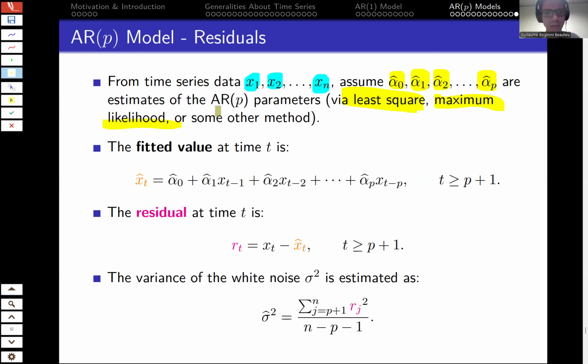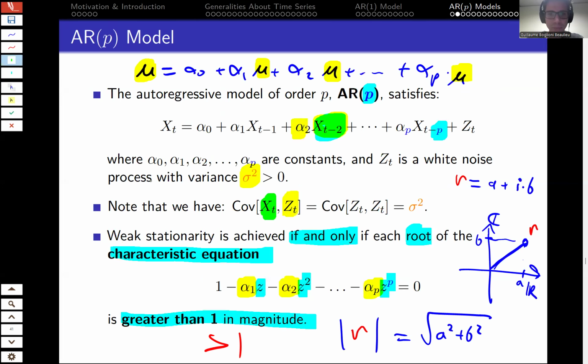Then you can define what is called the fitted value at time t of your process. What is the fitted value? Well, it is what your model estimates xt to be as a function of the past values of the process. And that's easy to do. The form of your model is, as presented in the first slide, xt depends on alpha 0, and then alpha 1 xt minus 1, alpha 2 xt minus 2, up to alpha p xt minus p, plus a noise.